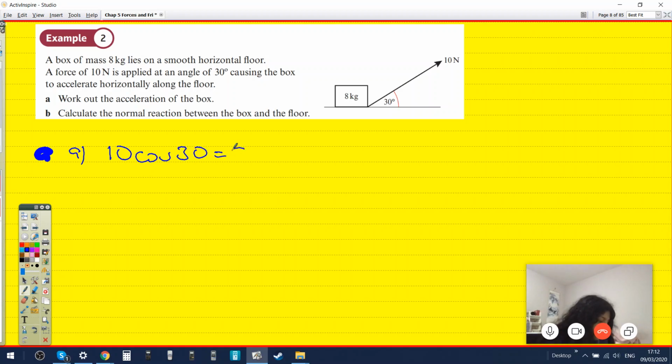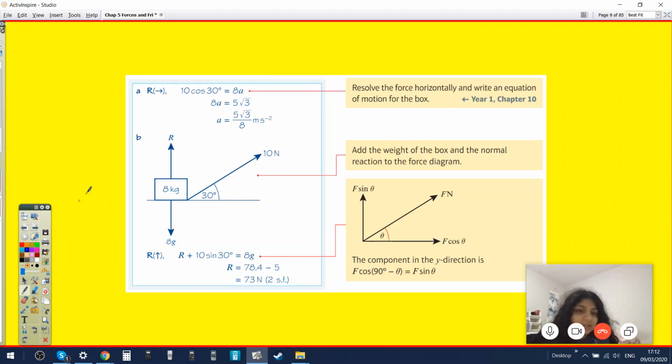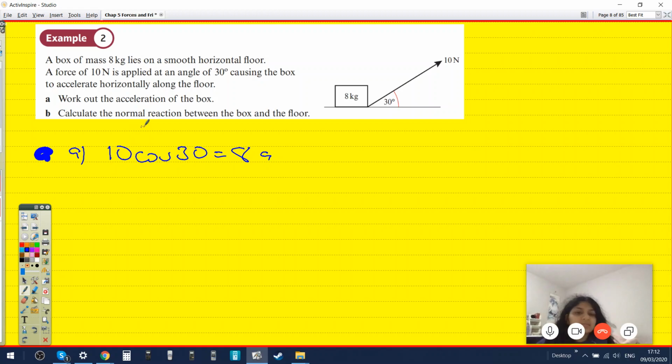A is 1.083. That doesn't look right. Oh no, that is right. Okay. Great. And the normal reaction?